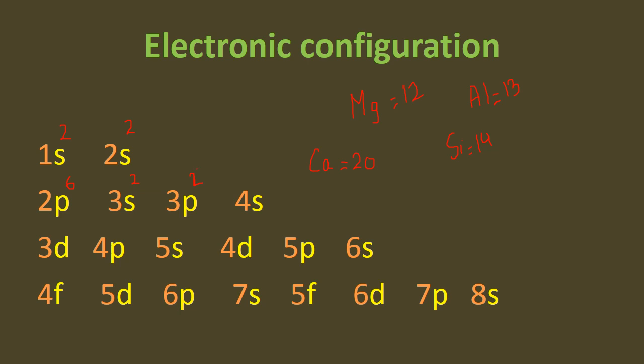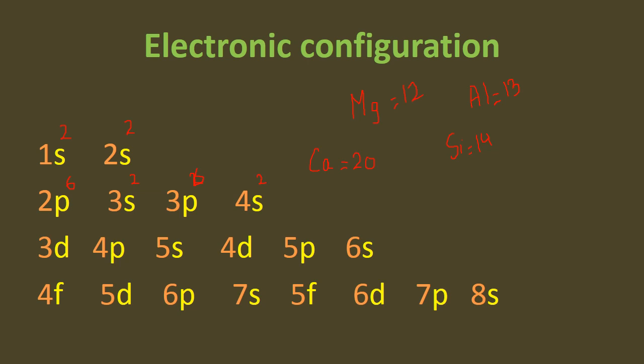If I put 6 electrons in 3p, it will become 12, 13, 14, 15, 16, 17 and 18. While the 2 electrons will be left behind, which will move towards 4s. So in this way, by arranging the subshells properly, we can do electronic configuration of any element.